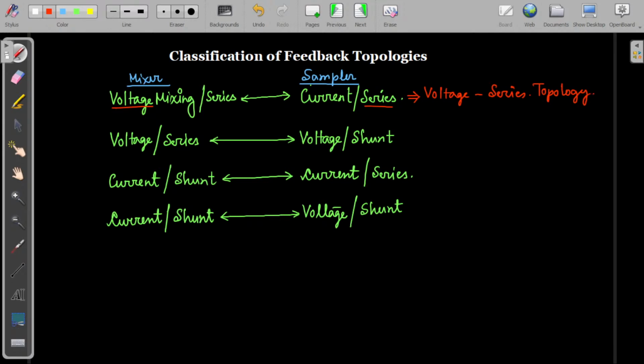Okay, next, the second one is called the voltage shunt topology. So we'll call it voltage shunt topology.